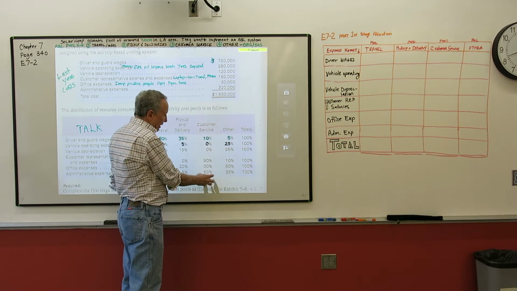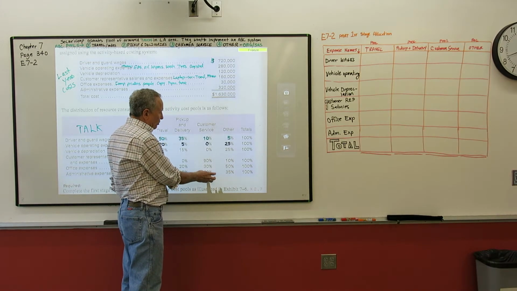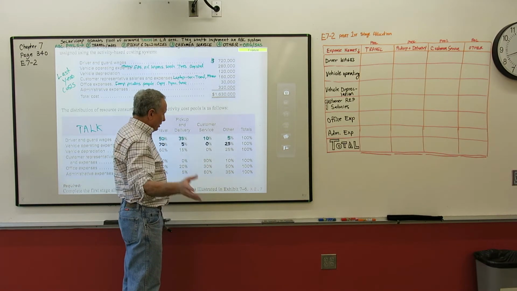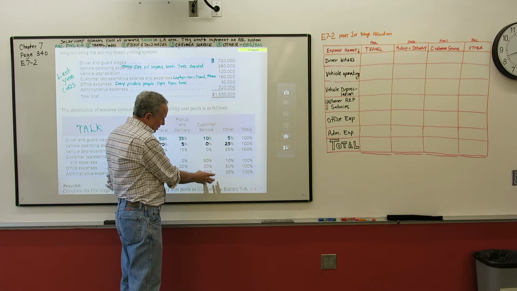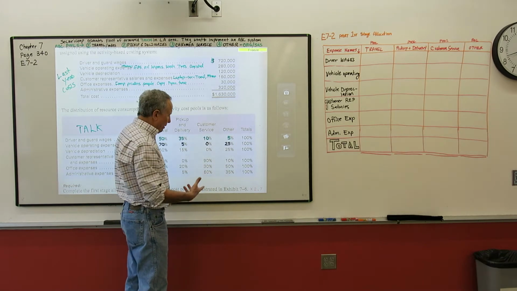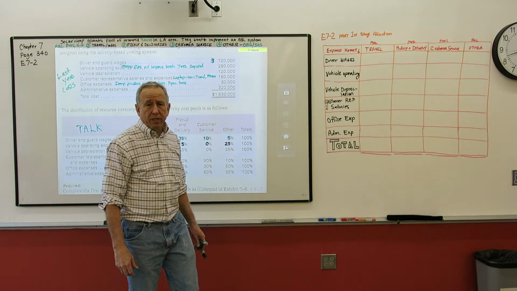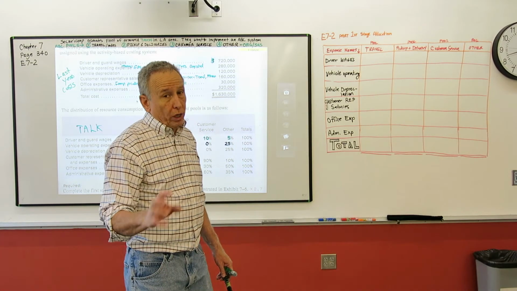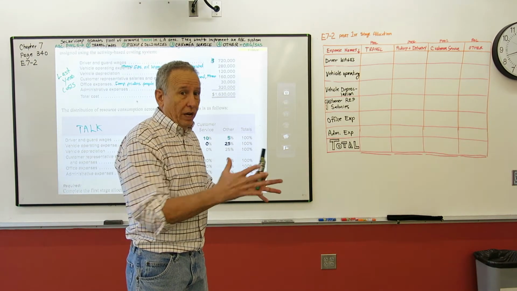We're just going to divide by the number of customers, which is really dumb, but that's okay because your author's just going to use the number of customers, which is really a poor base, but still it gets the idea. And other, we're not going to divide that by anything because we're not going to allocate that. We will have to charge that to the customer.